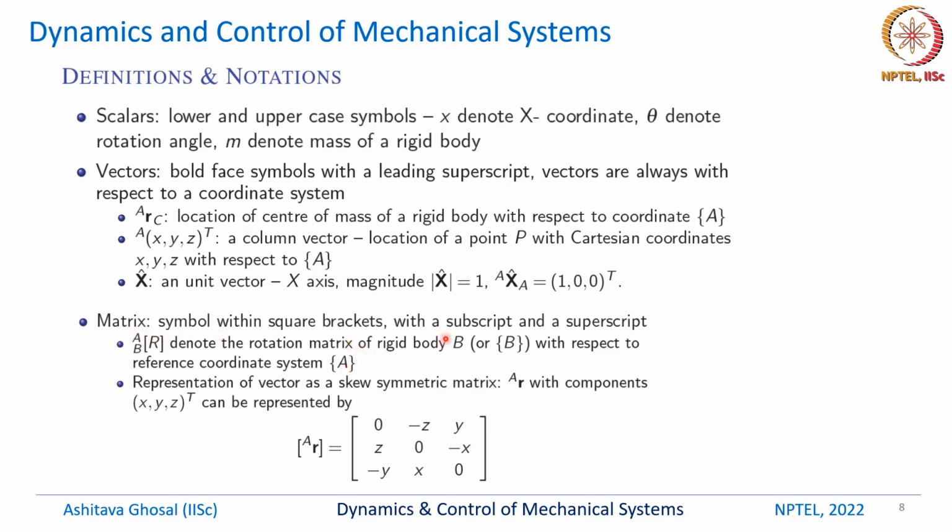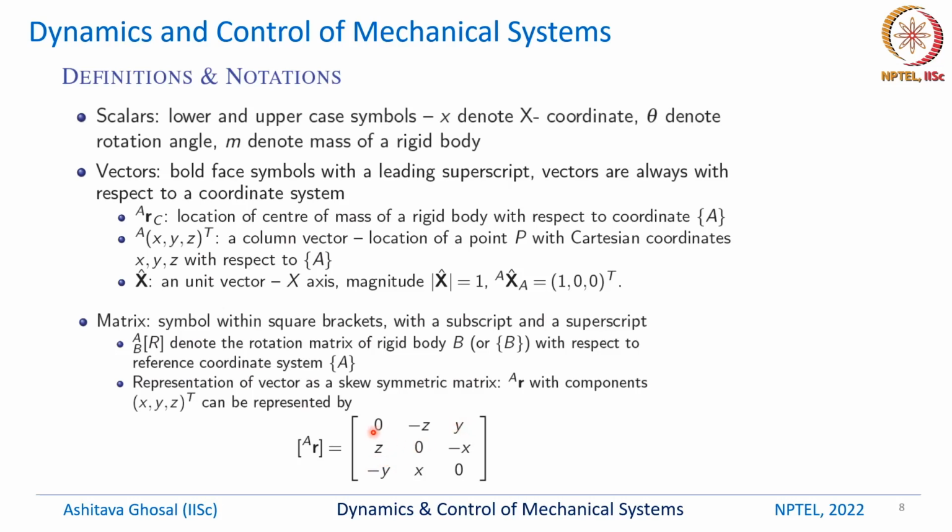Sometimes we need to represent a vector as a skew symmetric matrix. So for example, this vector A R, where R is boldface, which means it's a vector with respect to the A coordinate system, with components x, y, z, can be written in this form. The square bracket around A R denotes that it is a vector represented as a matrix, and this will be a skew symmetric matrix.